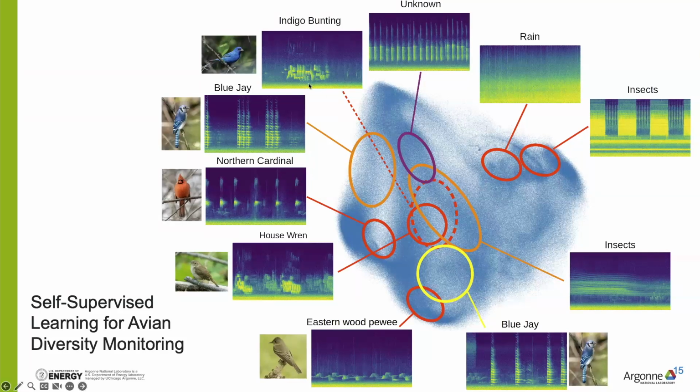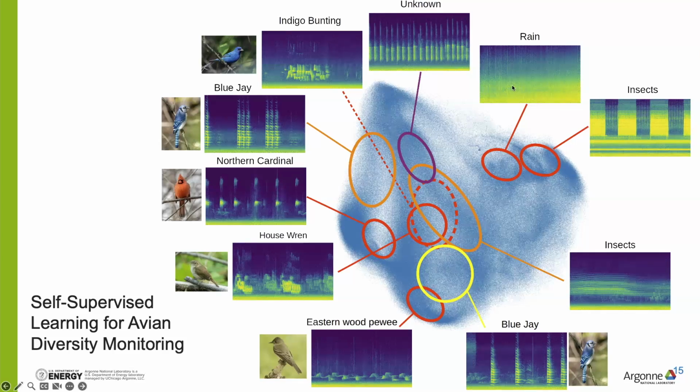So indigo bunting, blue jays, blue jays have different calls. The different regions picked up the different calls. But in addition to birds, we were also finding insects. So there were some cicadas, there were some other insects. And then there's a region that turned out it was rainfall.